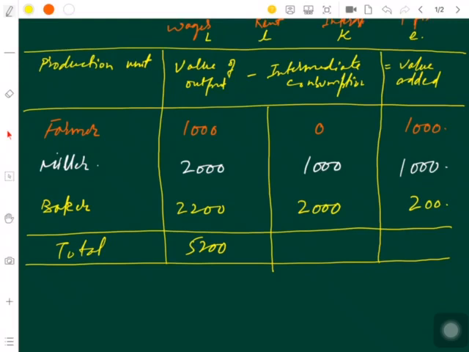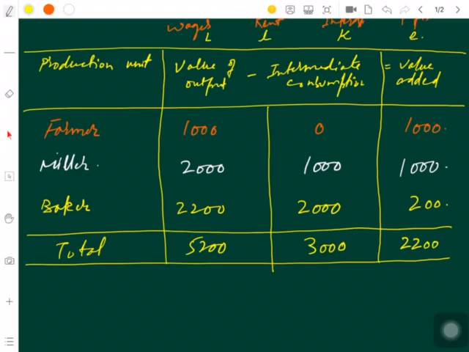Let us say it is 52,000, it is 52 crores, whatsoever. It is happening in an economy. So here intermediate consumption is worth 3000. If we subtract 3000 rupees from the 5200, we will be left with 2200 rupees.